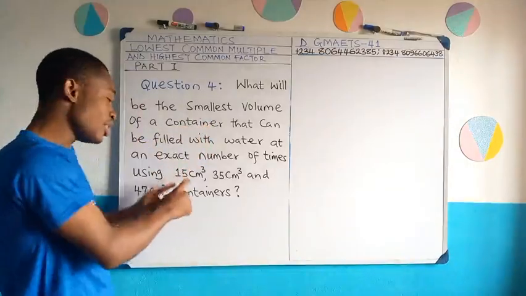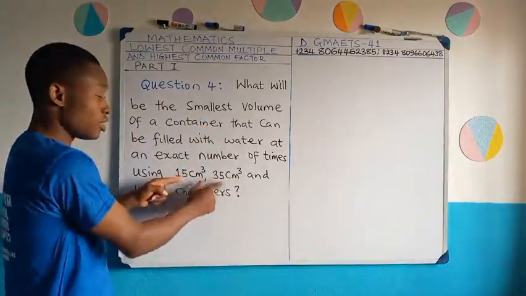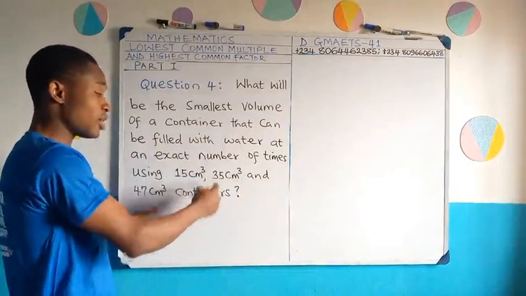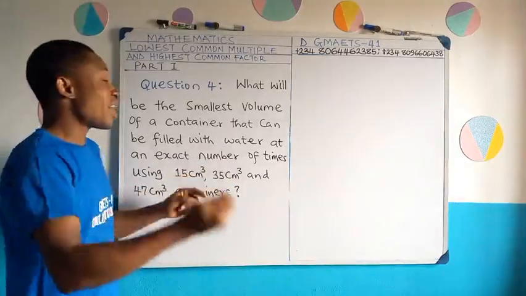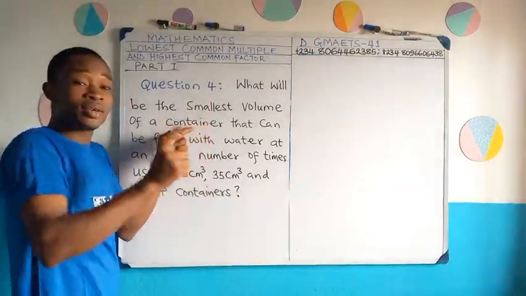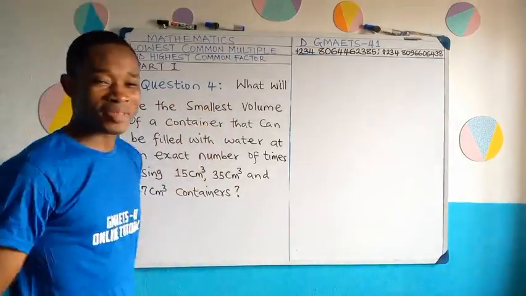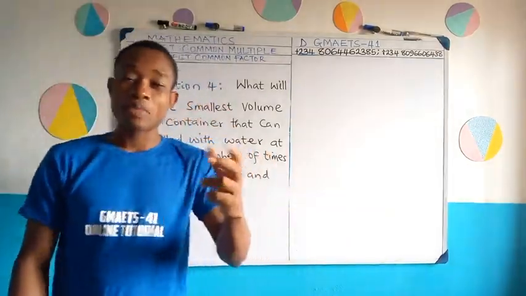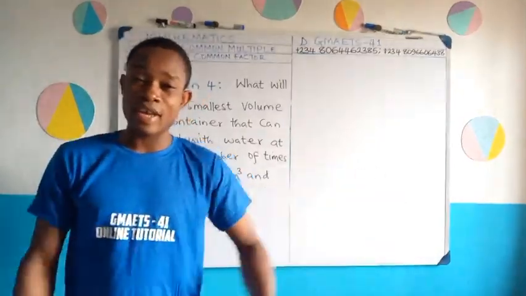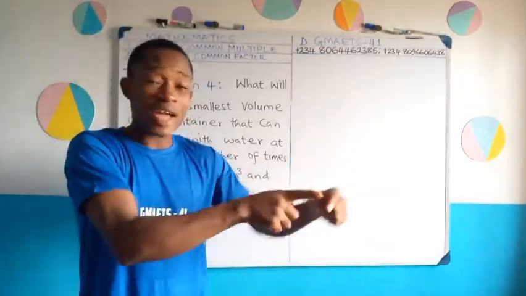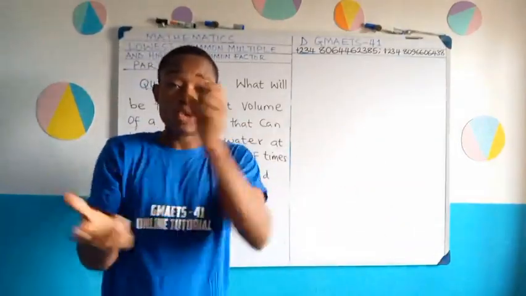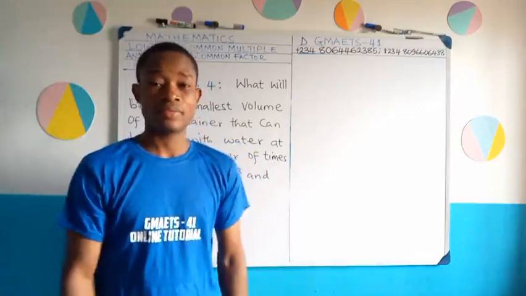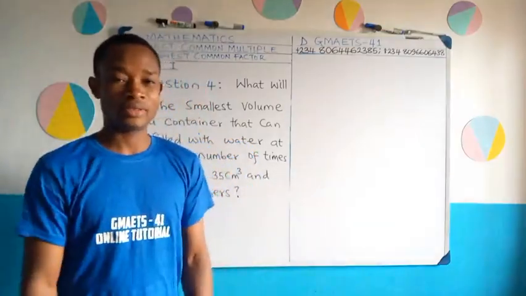But all we know is that any one of these containers, 15 cm cube, 35 cm cube, and 47 cm cube, it can fill this container exact number of times. Exact number of times means there will be no remainder. Like I explained earlier, when you keep filling, the time that this bucket will get filled, the cup you are using, there will be no water in the cup remaining, and it will be complete.